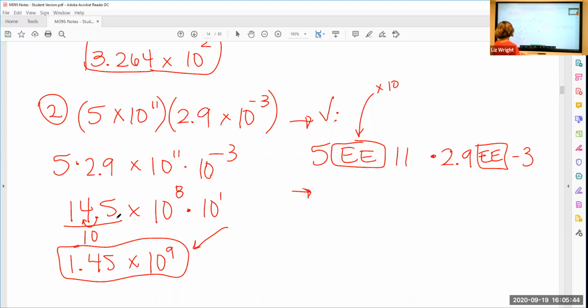If it doesn't, hang on, let me just check it real fast. 5 EE 11 times 2.9 EE negative 3, and it gives you the big number in decimal notation. So then you can take that number and compare it to this one. If you take this answer over here and you convert it into decimal notation, then compare and see if they're correct. So that's one way to check your answer.